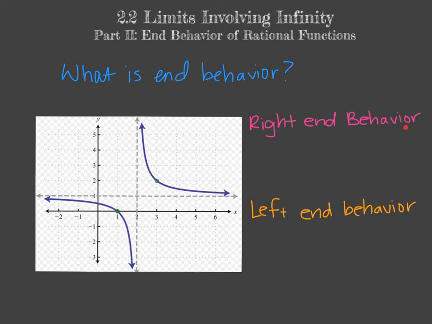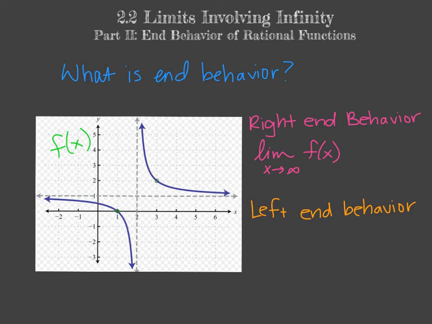So right end behavior is how the graph behaves all the way to the right as x gets very large or approaches infinity. So the way that we write the right end behavior, and let's call this graph f of x, is the limit as x approaches infinity of our function.